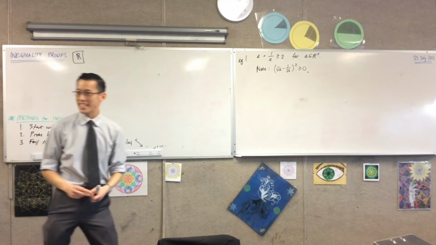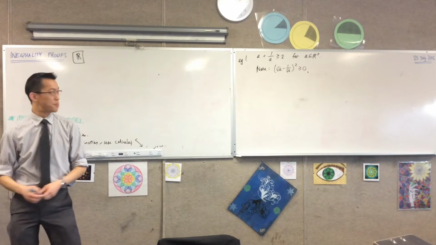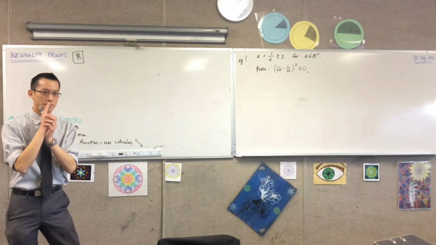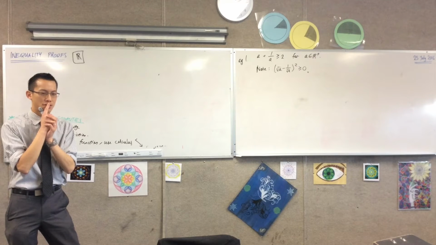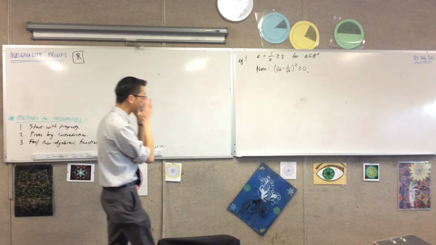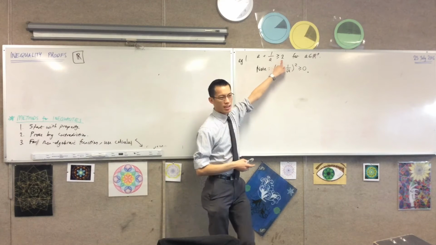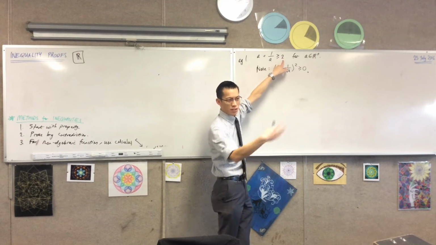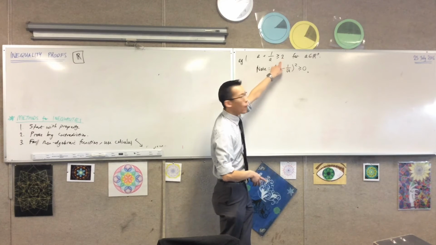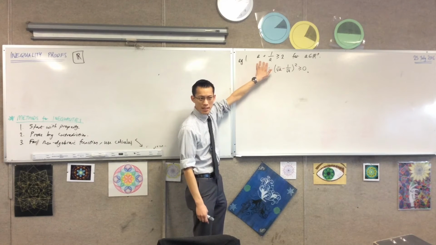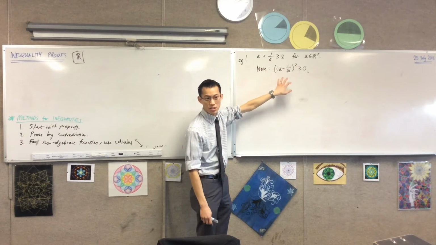And the answer is, I didn't know immediately, but I've got some experience with these now. One of the clues was this guy here. He's sort of floating there, and you're like, what is that about? It's easy to prove something positive, easy to prove something's negative, but where does he come from? He comes from combining these in a particular way, and it has to be to do with squaring.